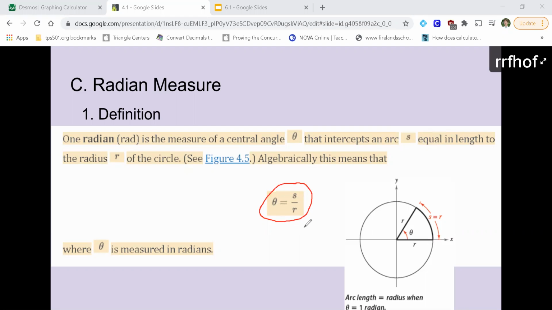And it would be 5/3 radians. Or they'll say you have a central angle of 3 radians with a circle that's radius 10 feet. What arc is intercepted by that angle? Then you would solve for S by multiplying by 10 to get 30. So it's not too bad if you know the formula, because you just plug in the 2 numbers and solve for the third.